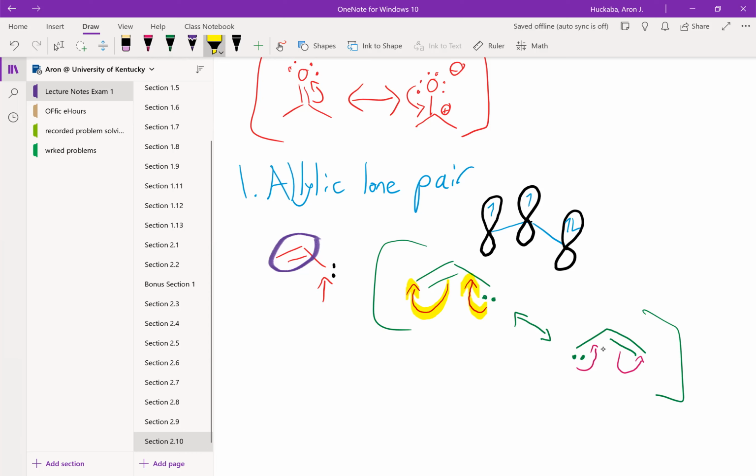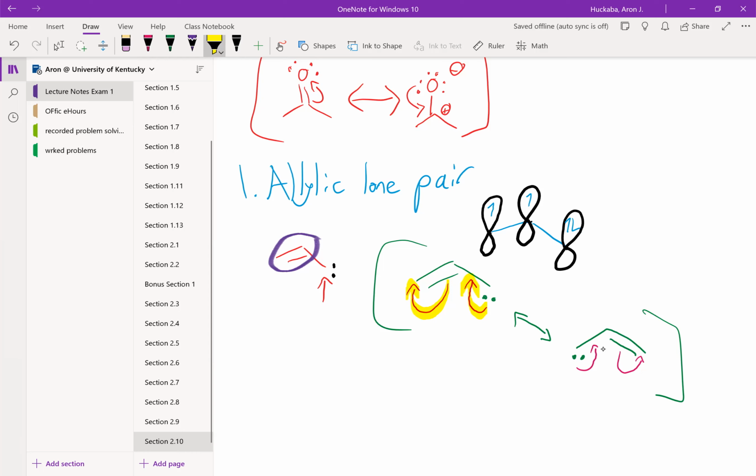So remember, you need to draw arrows starting from a lone pair or a bond and ending at a bond or an atom. Those are the two places that they can go. And the head of the arrow, the pointy part, should tell us exactly where the electrons end up.